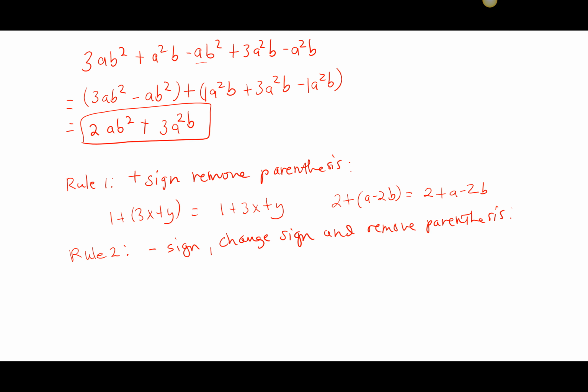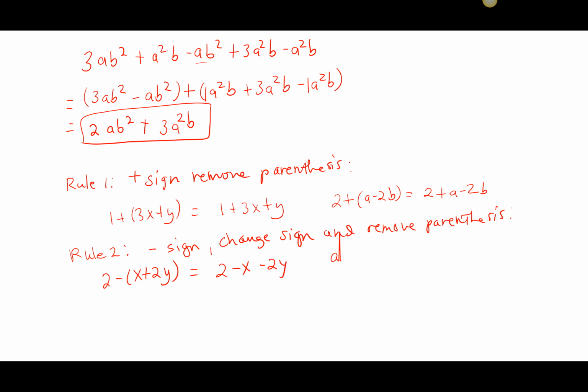Okay? So, let's look at that one. So, what if we had 2 minus (x plus 2y)? Okay, so it says if you have a negative sign, change the sign and remove the parentheses. So, 2 minus x, it's going to be 2 minus x minus 2y. So, you change each term inside of the parentheses.